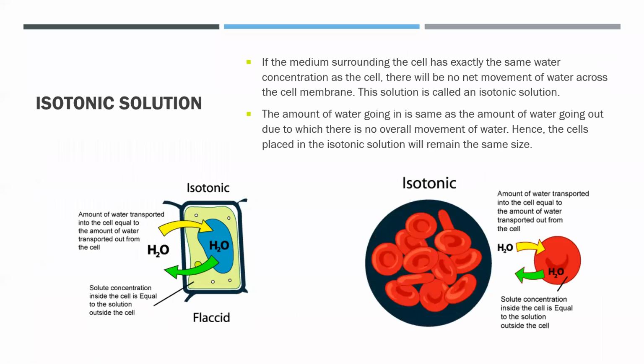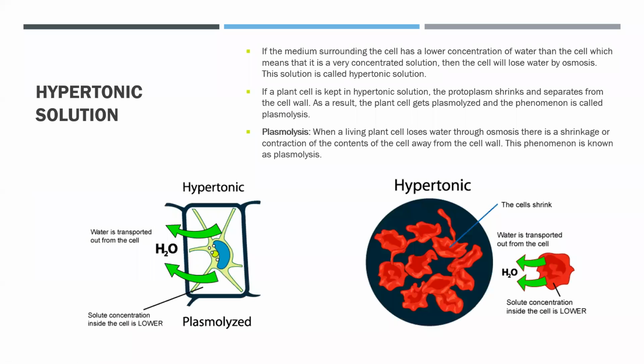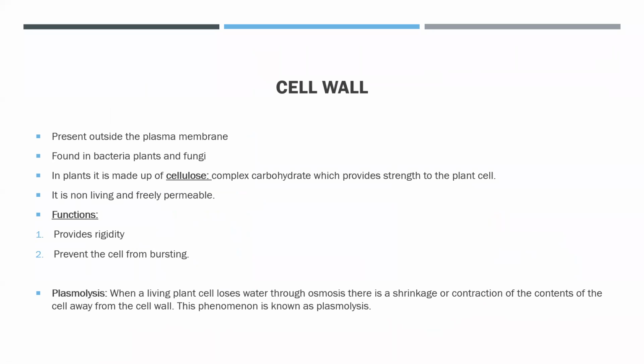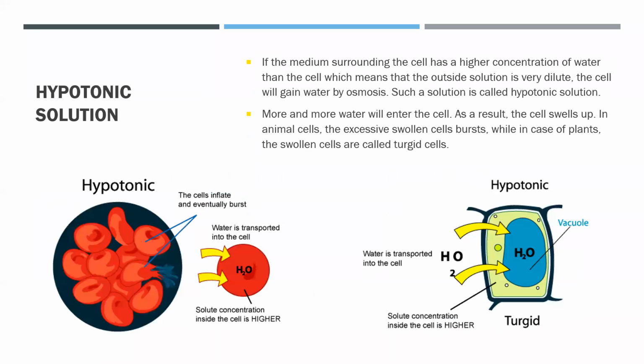So we will continue today with some of the terms. I will revise some of the terms, and after that we will move on to the cell wall. First of all, in the hypotonic solution, we studied this particular term, which is called turgid. The turgid condition of the cell is because the cell is full of water, and especially we are talking about the plant cell.